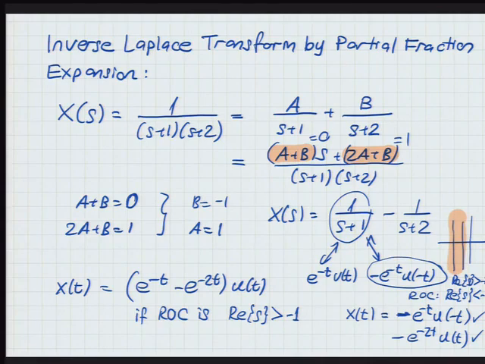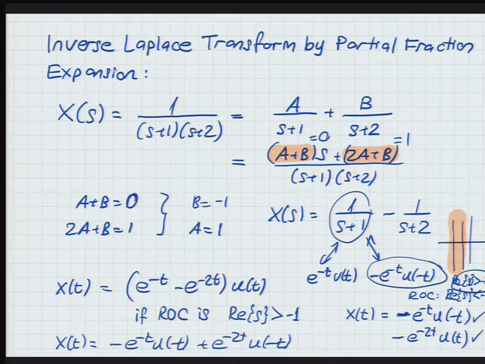I can take both of them to be left-sided. So that would be another answer. So that would be e to negative t, u of negative t, and positive e to negative 2t, u of negative t, right? Now, this would also reverse this term.